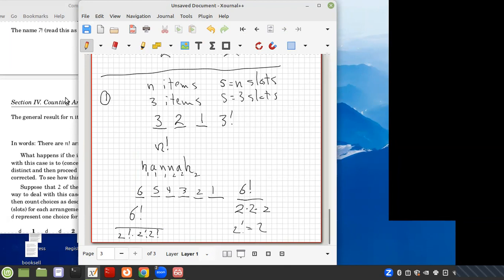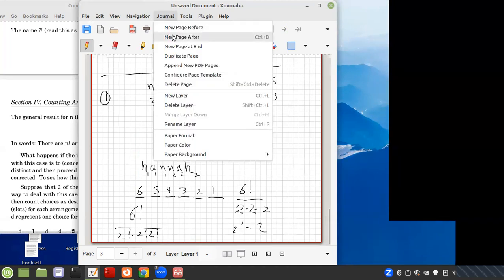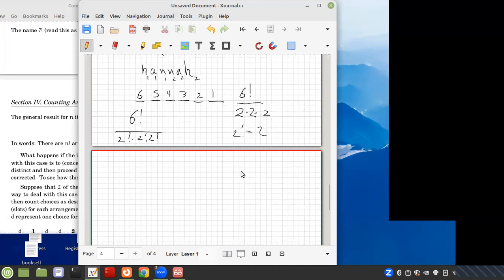And even though it looks like you're dividing out something, you can see that this is going to be 6 times 5 times 4 times 3 times 2 times 1 divided by 2, 2, and 2. Well, those go away. This becomes a 2 and this becomes a 3.